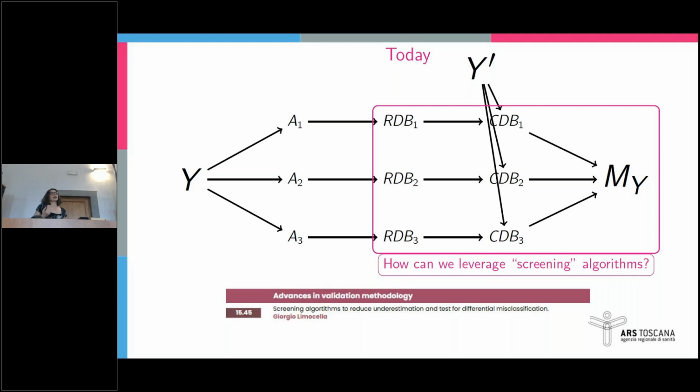Now, can we leverage screening algorithms, meaning algorithms that are a bit wider, and try to say, okay, we want to be specific, but how much are we losing? Can we quantify that just in case we want to have some risk differences, some absolute risks? Can we do that? And Giorgio, who celebrated yesterday his newly acquired PhD, will illustrate this methodology.